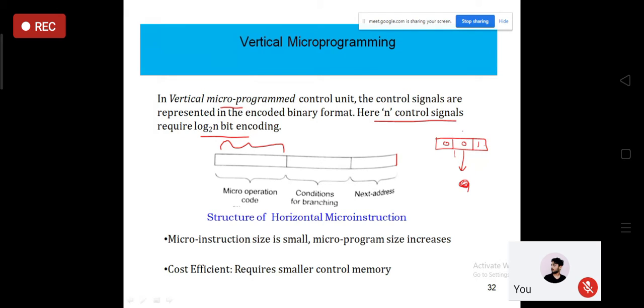So how many outputs can it generate if it is in the encoded format? Did you understand what I said? If there are 3 bits, 2 to the power 3 control signals can be generated, right?